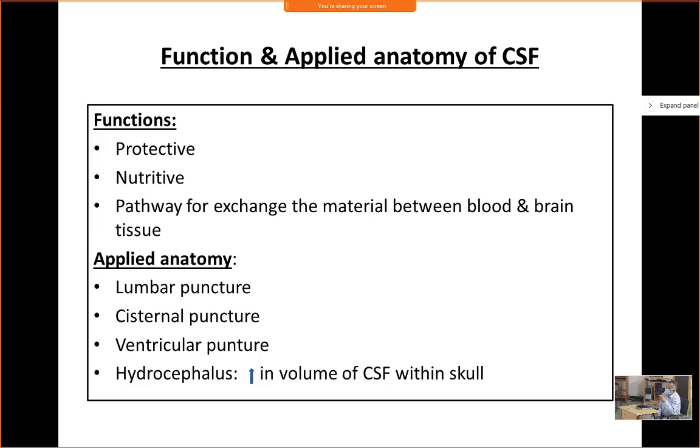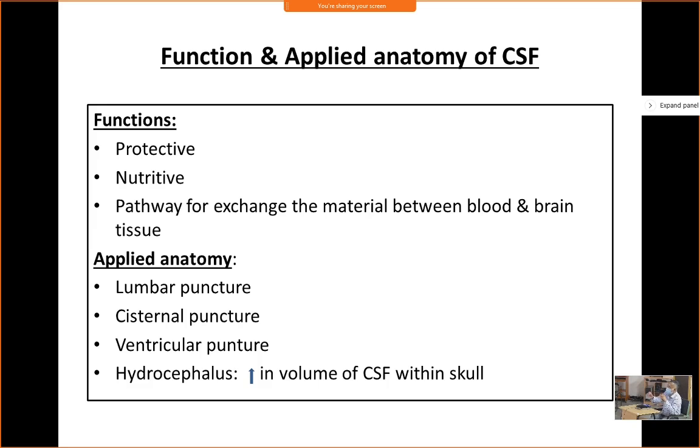Then applied anatomy, that is lumbar puncture. Suppose there is an infection in the meninges or the brain, we call it meningitis. If there is meningitis, what will happen in the subarachnoid space fluid? In the CSF, the lymphocyte count or neutrophil count will increase, and some bacteria may be present in the CSF.